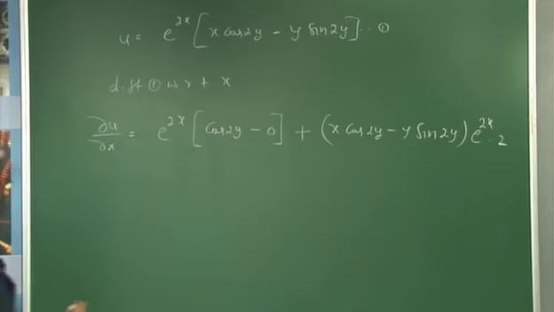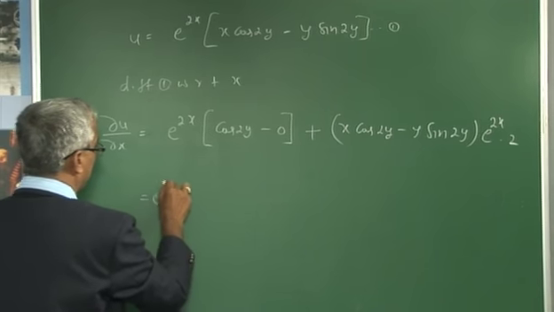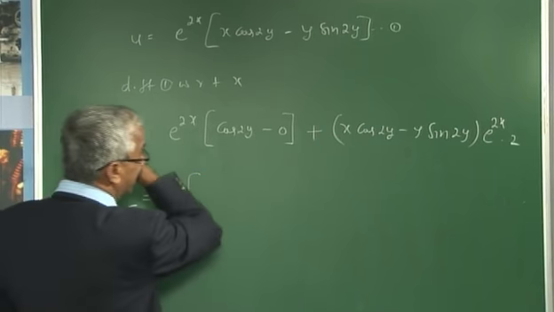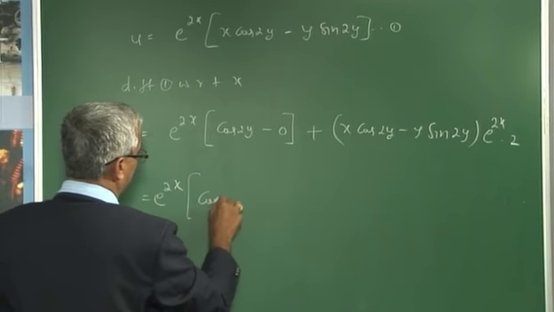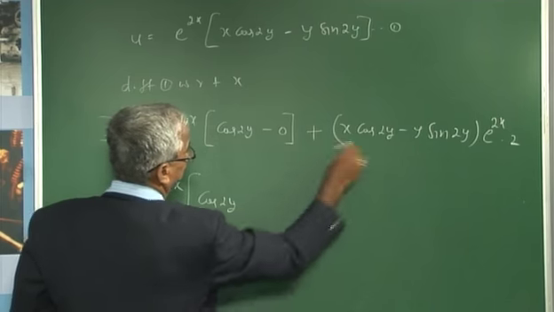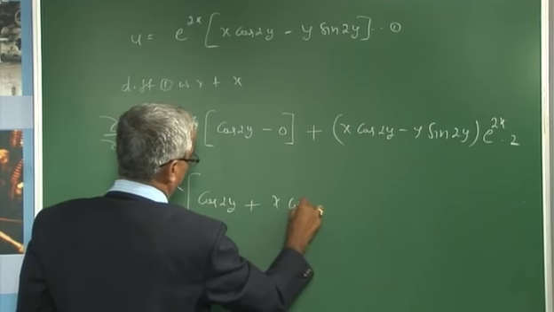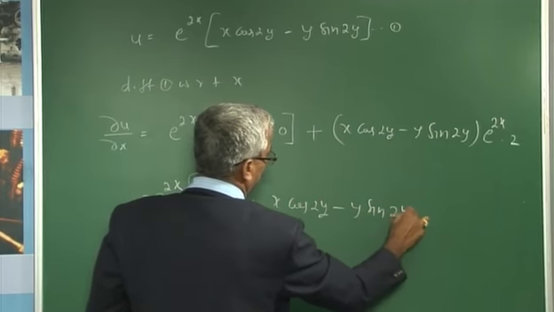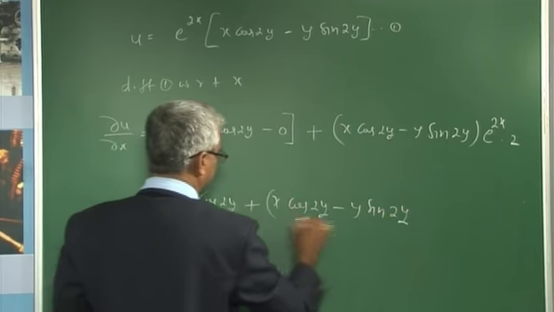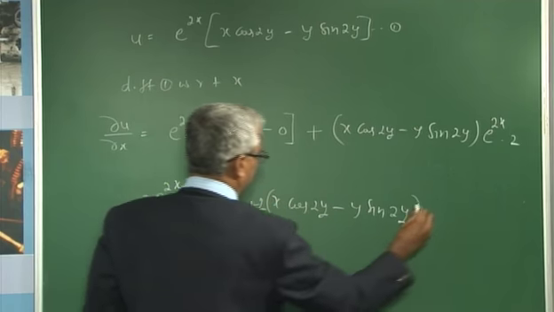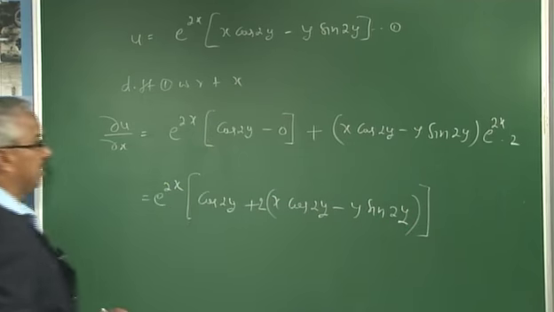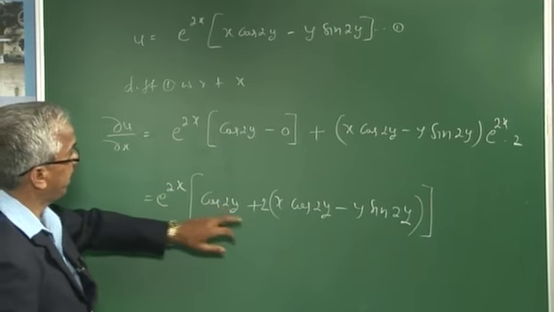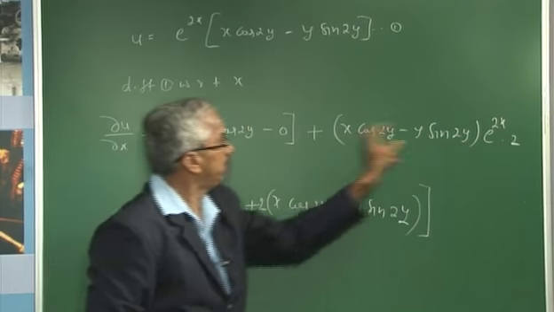So, this gives e power 2x into, taking the common factor e power 2x, cos 2y plus 2 times of x cos 2y minus y sin 2y. So, e power 2x is the common factor, cos 2y plus 2 into this.